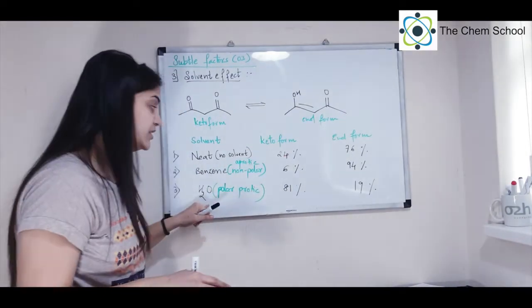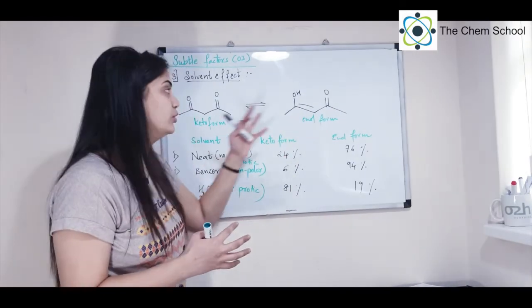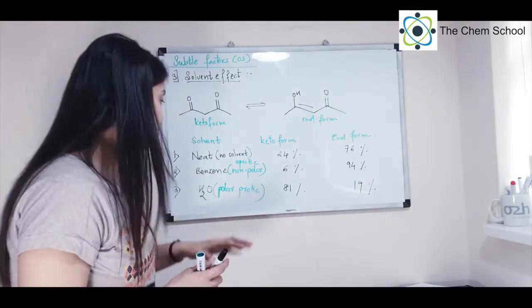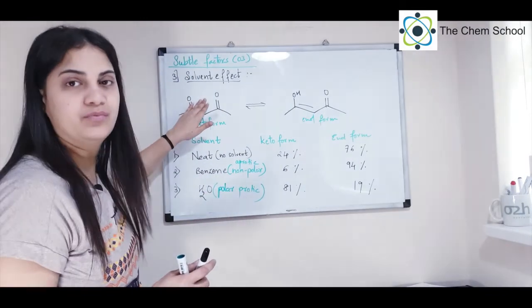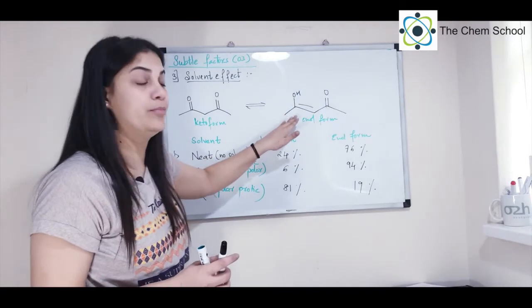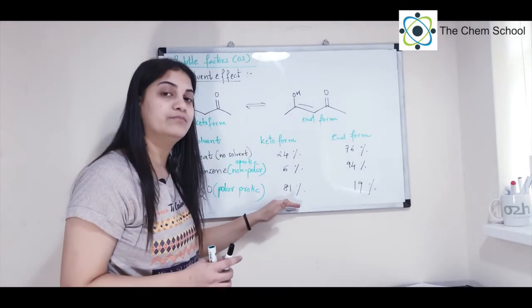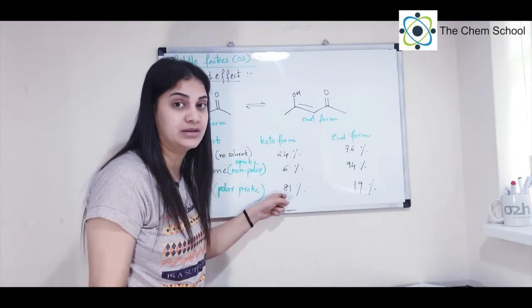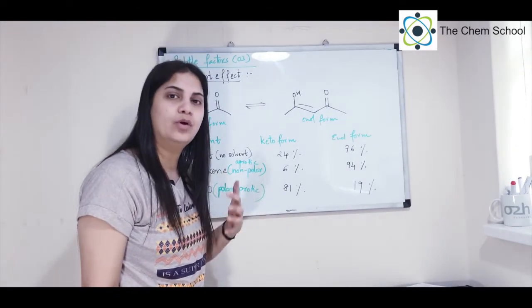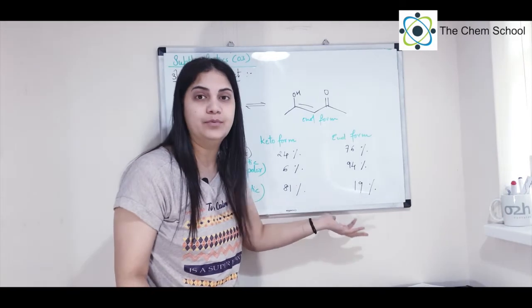So now water is interfering with both of them. When water starts hydrogen bonding with the ketone, the enol will not be easily formed, and that is the reason the percentage of ketone will be more. Have a look, it is 81%, while enol is 19%.